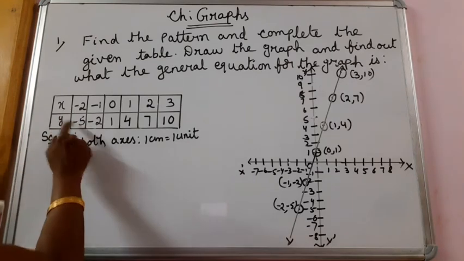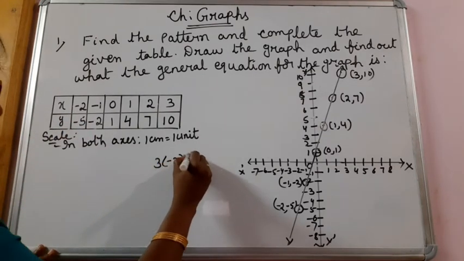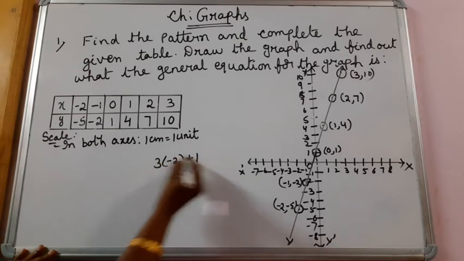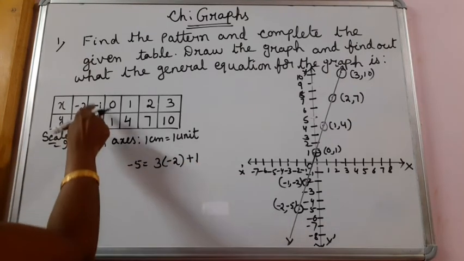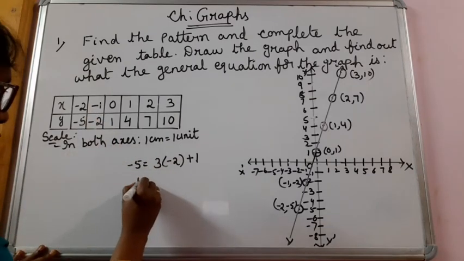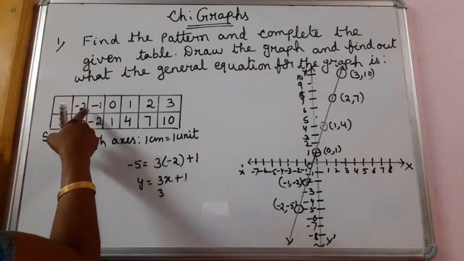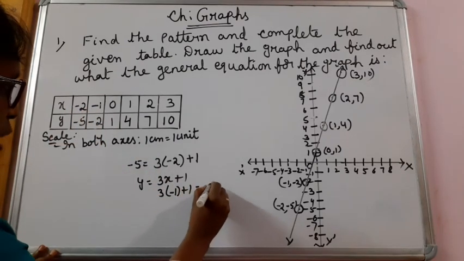Now let us see, in order to get -5, let us multiply by 3, then add 1. So 3 into -2 is -6, plus 1. -6 plus 1 is -5. Whether all these points satisfy or not, we'll see. That means y equal to 3x plus 1. For the second point, 3 into -1 plus 1. -3 plus 1 is -2.